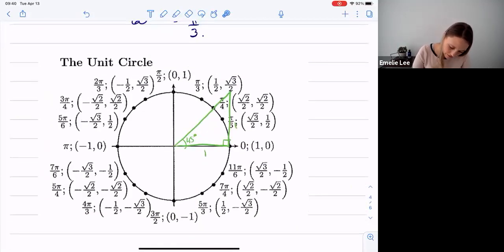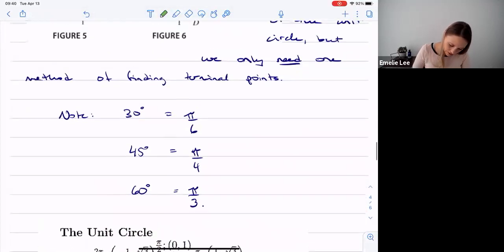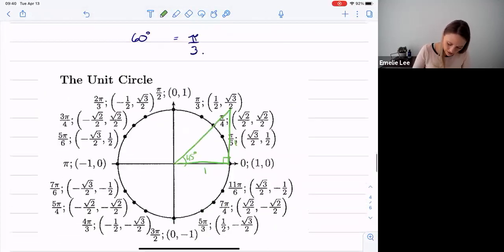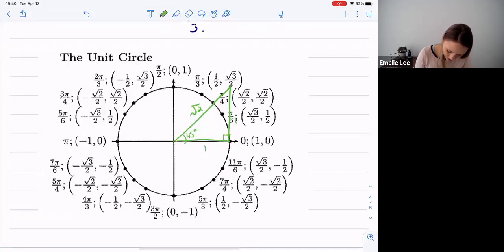Same thing here, right? Just coming back to the halfway mark, this length is root 2. So here, going back to pi over 4, the cosine of pi over 4 is adjacent over hypotenuse, 1 over root 2.